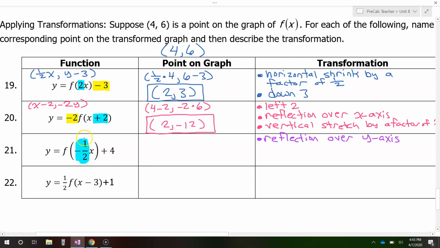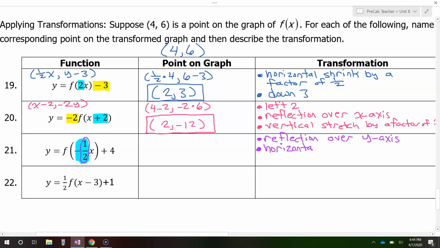All right, now ignore the negative sign and just focus on the 1/2. This is also going to be something horizontal. Will it be a stretch or shrink? Well, guess what? It's going to be the opposite of what it looks like. And again, we're ignoring the negative sign. So you would think that something less than 1 would give you a shrink. But everything in here is the opposite of the way it looks.